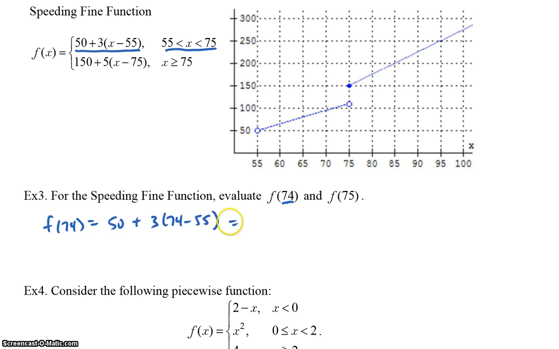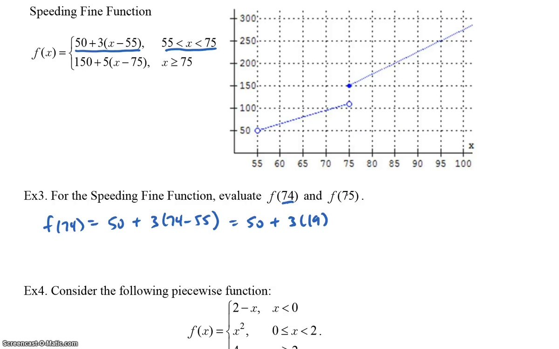So simplifying, that's 50 plus 3, and 74 minus 55 is 19. In other words, at 74 miles per hour, you are speeding at 19 miles per hour above the speed limit. So it's $3 for each of those 19 miles per hour plus the $50.